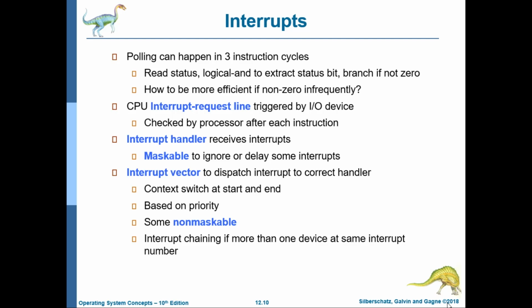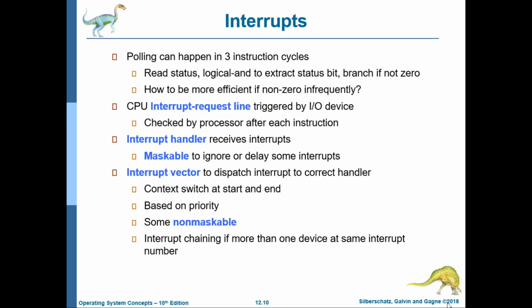The CPU interrupt request line is triggered by the I/O device and checked by the processor after each instruction, and then the interrupt handler receives the interrupts. Interrupts are maskable to ignore or delay some of them, meaning you can ignore an interrupt if it does not have a higher priority. There is an interrupt vector to dispatch the interrupt to the correct handler. What happens is a context switch at start and end, and it is also based on priority.